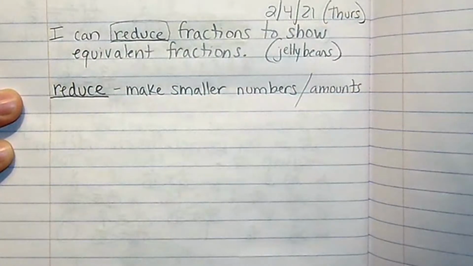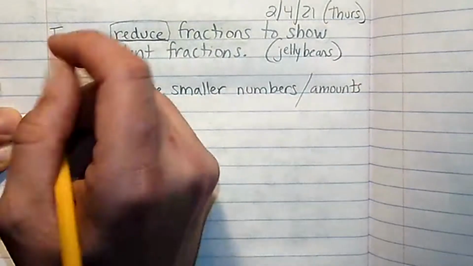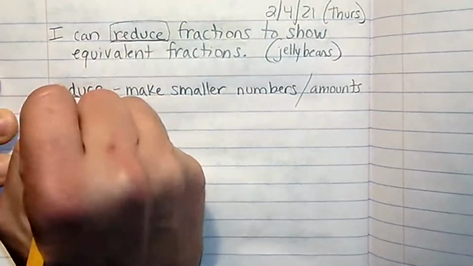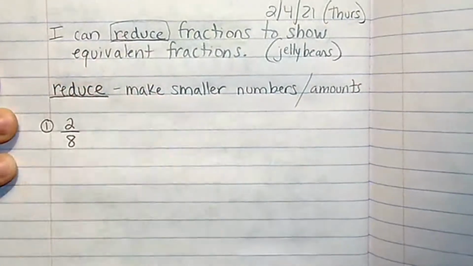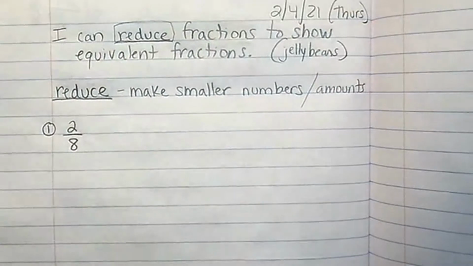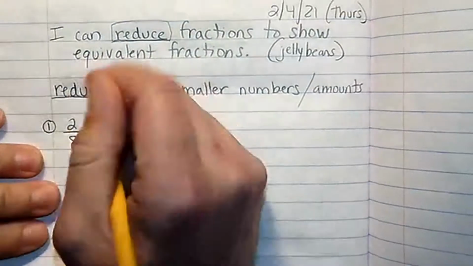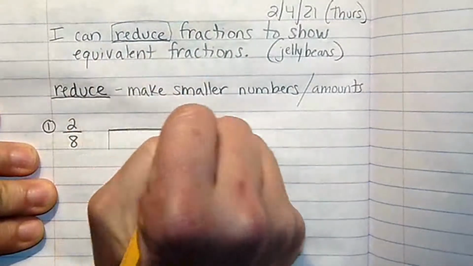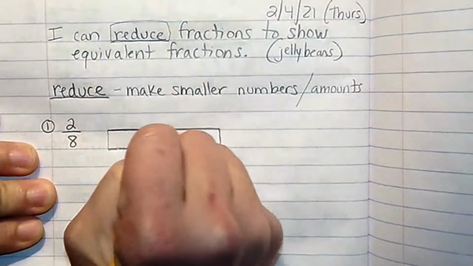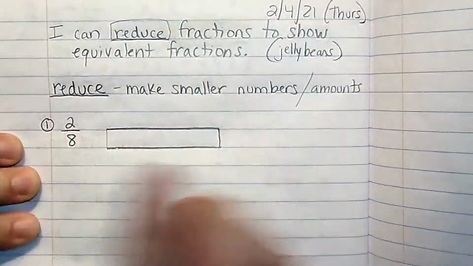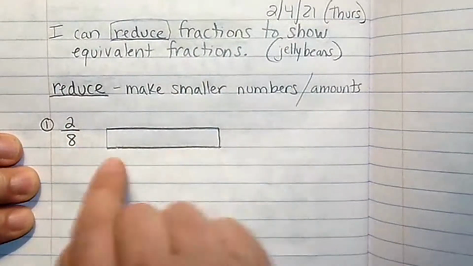All right, so let's start with a fraction like 2/8. We know how to make this in a chocolate bar. I'm going to draw a chocolate bar, and I'm going to split it into eighths because eighths are how many pieces I have.